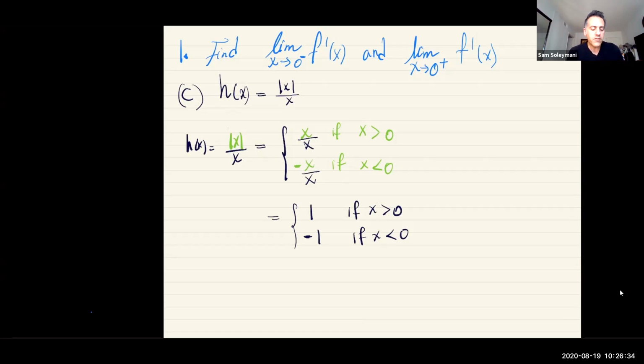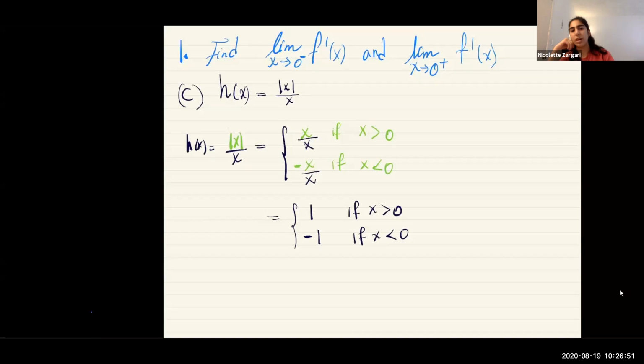Let me graph the function for you for a second, okay? Isn't it that the function doesn't exist at x equals 0?